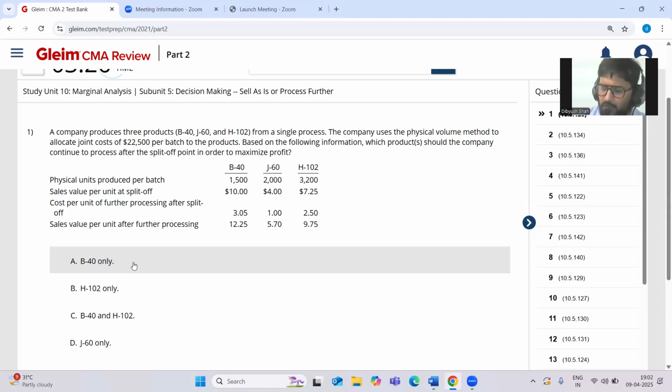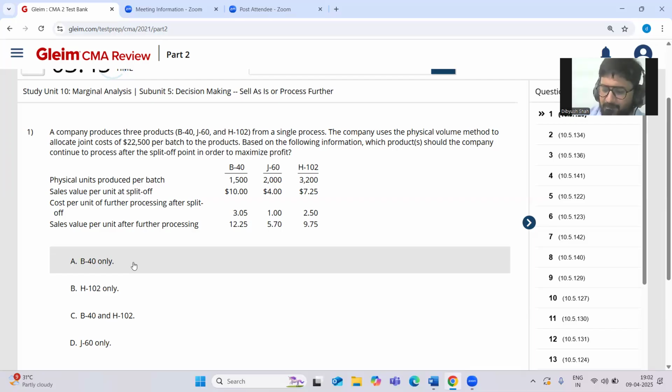As I told you, we will only process those products further where incremental revenue is more than incremental cost. So let's look at product B40 first. What is the extra revenue, the incremental revenue, that I will get by processing this further?